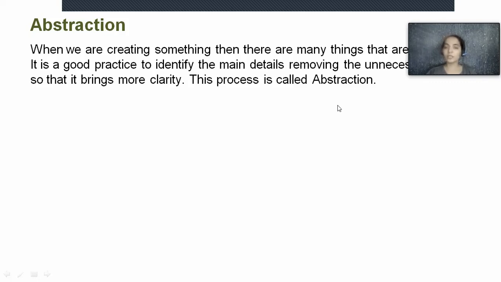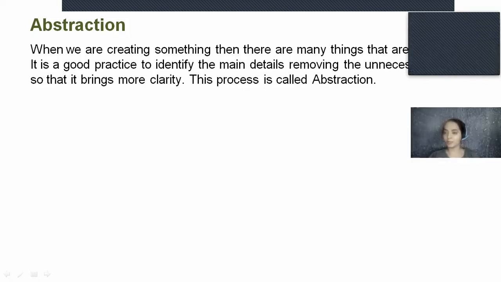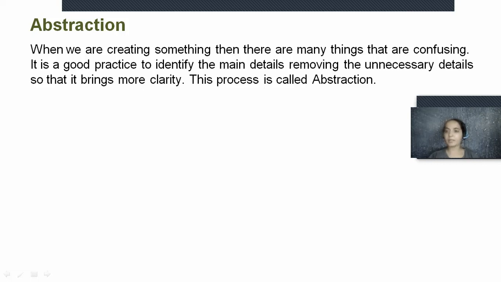Abstraction is this: when we are creating something, there are many things that are confusing. You're making a project in your class, and sometimes you get confused. What should I do? What should I not do? What is the topic that I want to work upon?